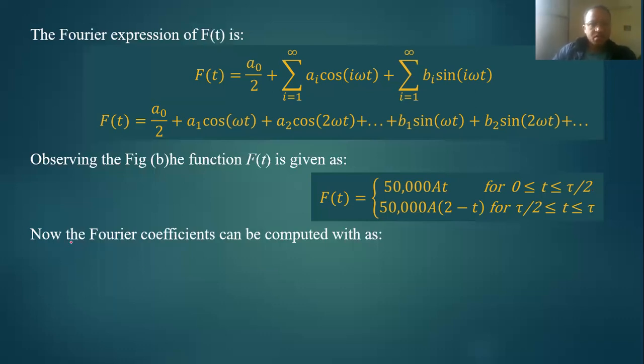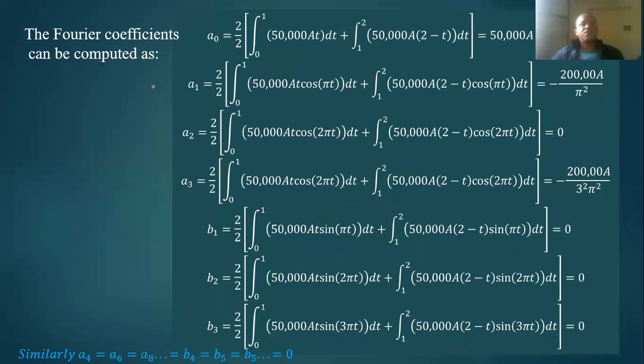Now we have to do some analysis for A1, A2, A3, A4, B1, B2, B3, B4 and A0. The Fourier coefficients can be determined from this relation.